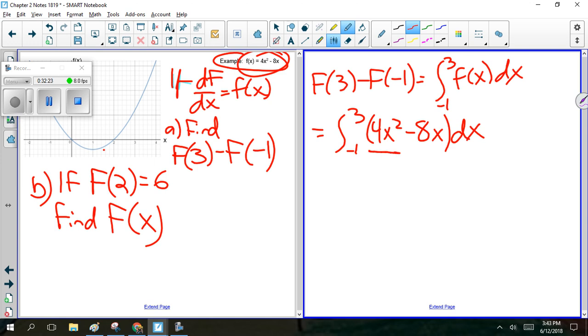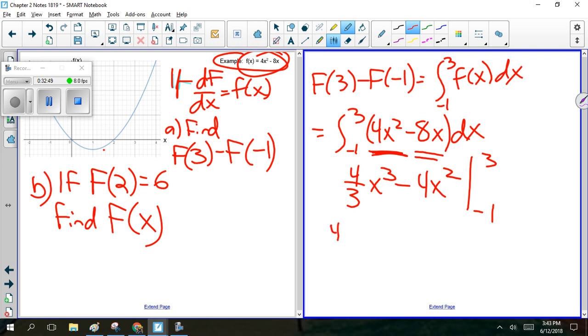What do I take the derivative of to get 4x squared? Well, it's going to be something x cubed, right? So let's try 4/3 x cubed, right? Minus, to get this, I need something x squared. So I think 4x squared, right? And then you want to evaluate this between -1 and 3.